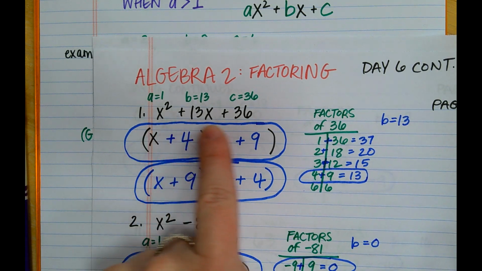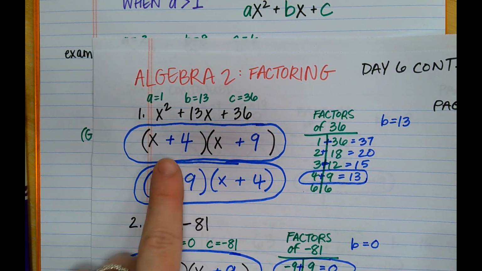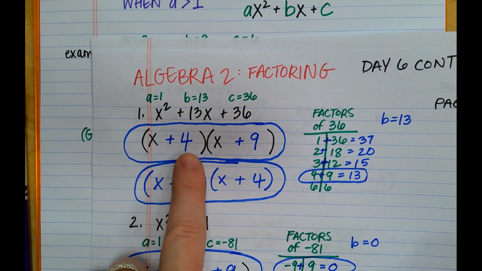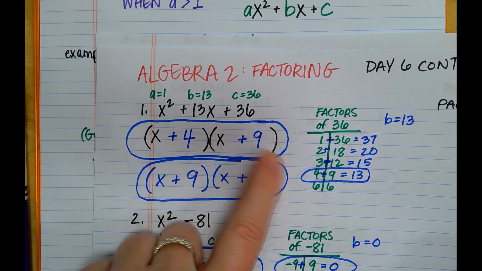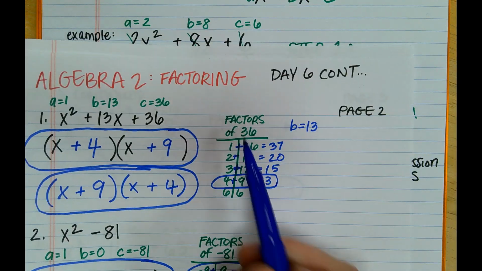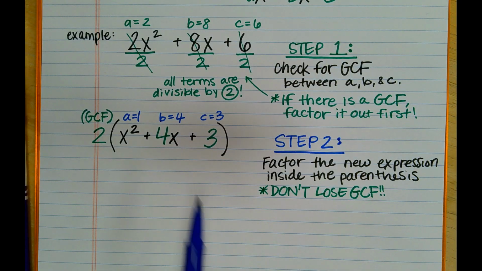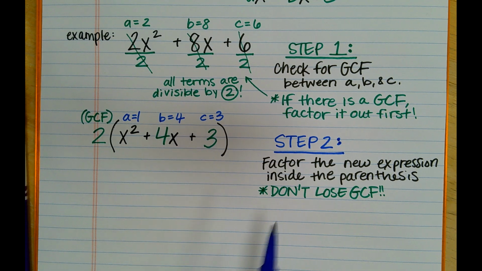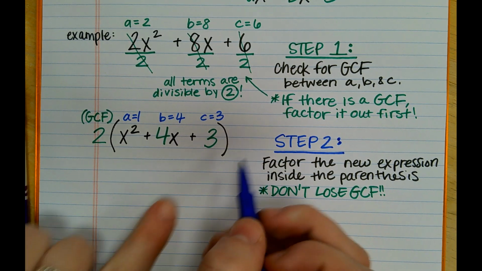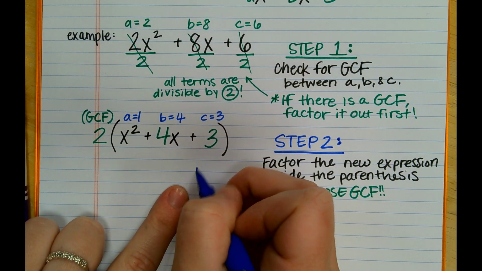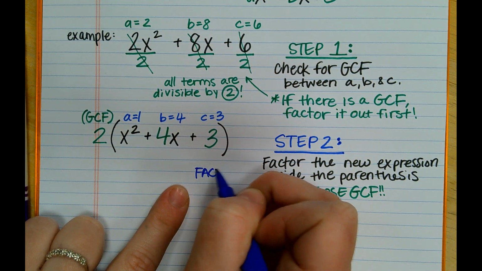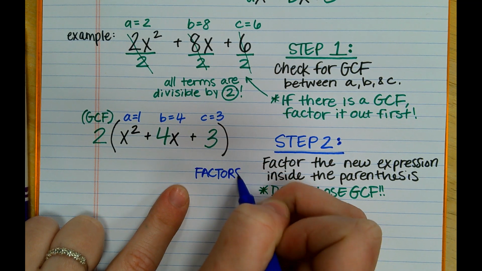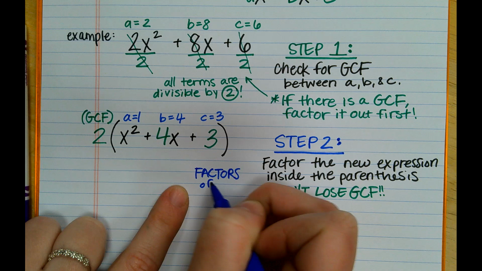We have a quadratic expression and we're trying to get to the answer x plus something, x minus something. So we need to figure out what we are going to find the factors of first. 3. Our C term. So 3. Yes, so you're right. 1 times 3. Let's write that. Your only option is 1 times 3, but I'm still going to write it out.